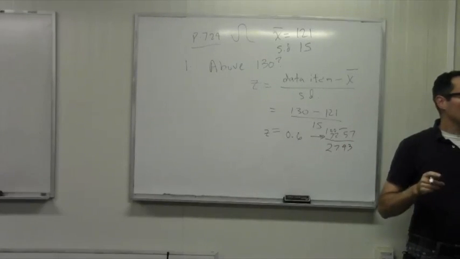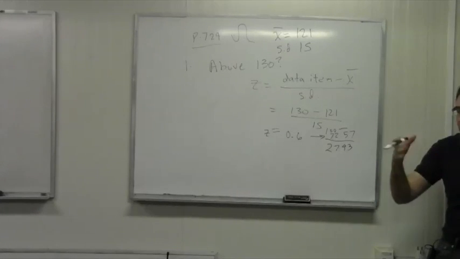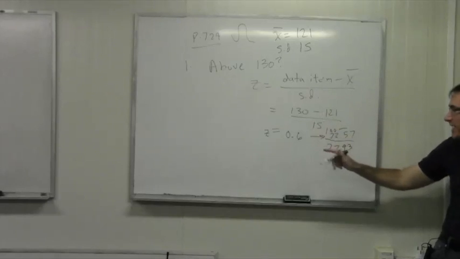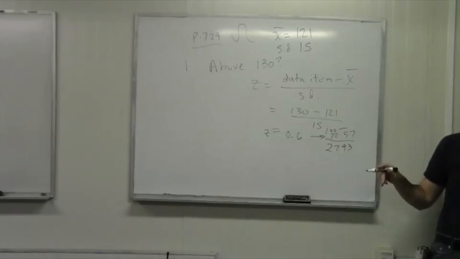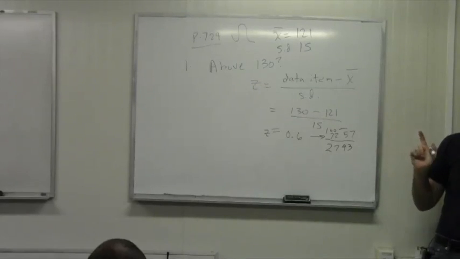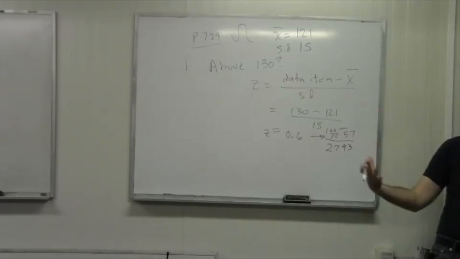Okay? You may also see a question where it says below some number. Fair enough. You do the exact same thing, and it's just the z-score value that you look up on the chart. Easy enough, right? It may also ask for the number of people between two numbers.